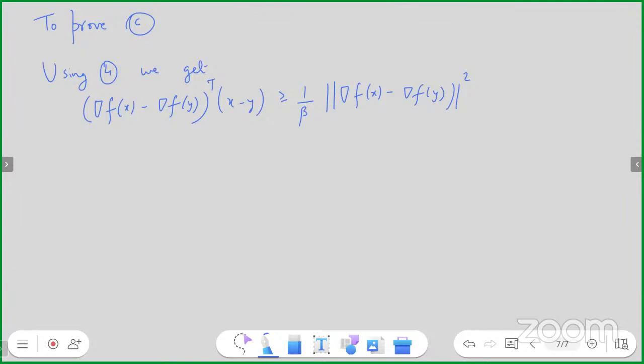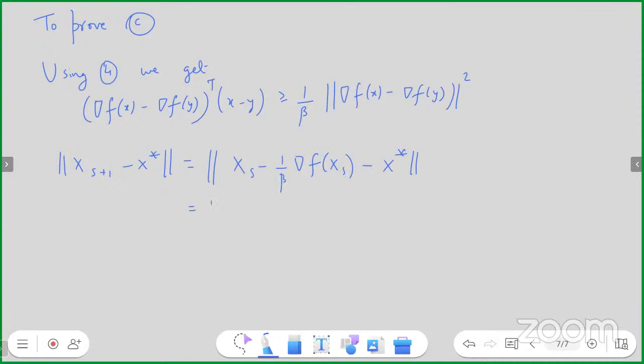Just checking that I've not made a mistake. Yeah. Okay, so now what is x of s plus 1 minus x star? By the update equation, it is xs minus 1 by beta del f, xs minus x star. Right? Just the definition of x of s plus 1.